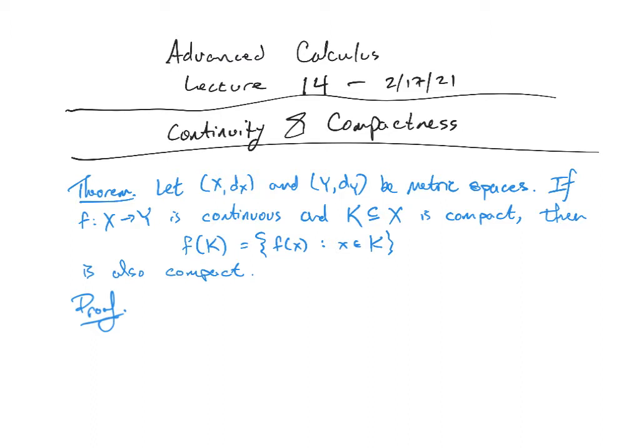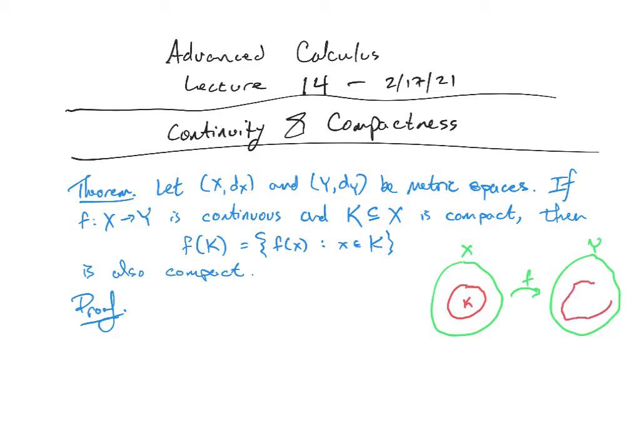Okay. So now let's prove it. The key is just not to get ourselves confused. It's kind of a straightforward proof, except that there's a few moving pieces. F is mapping X to Y. K is going to be some compact set in the domain.